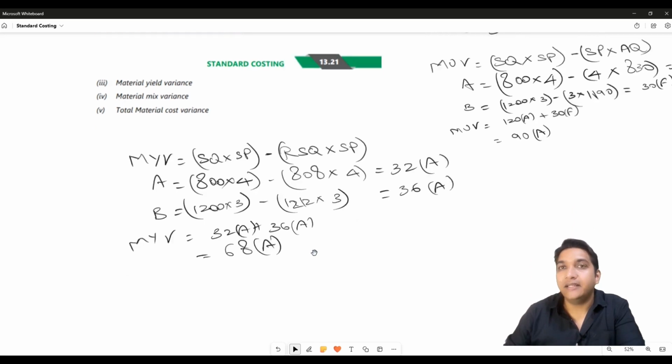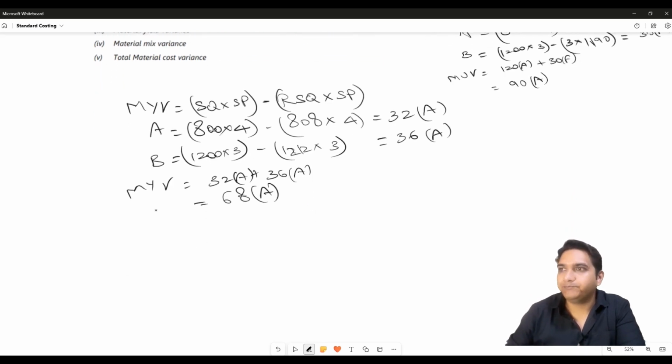Now let us calculate the material mix variance. What is the formula? Revised standard quantity multiplied by standard price minus standard price into actual quantity.